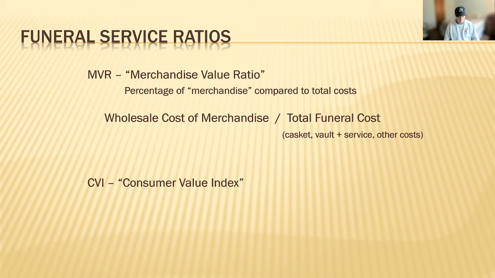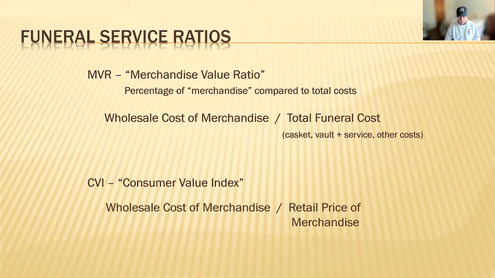The other important one, and we'll go into some detail on both of these, is the Consumer Value Index, or CVI. This looks at the same number in the numerator, the wholesale cost of the merchandise, and compares it to just the retail price of the merchandise. Whereas in the previous calculation, the MVR, we're adding in service and everything else associated as a cost to the consumer.